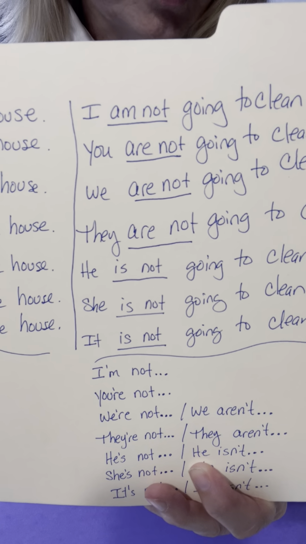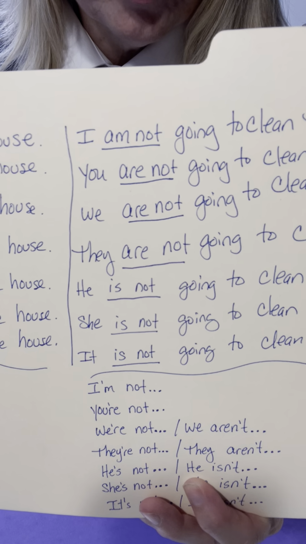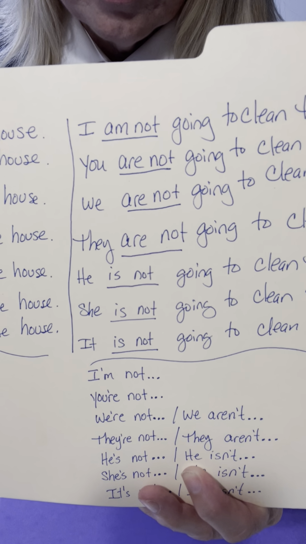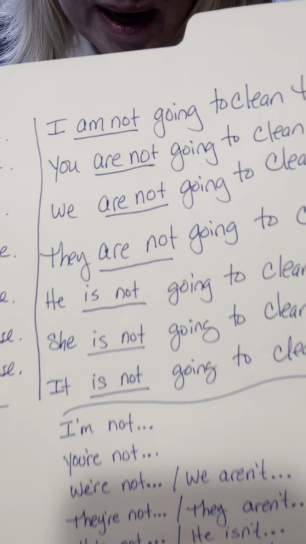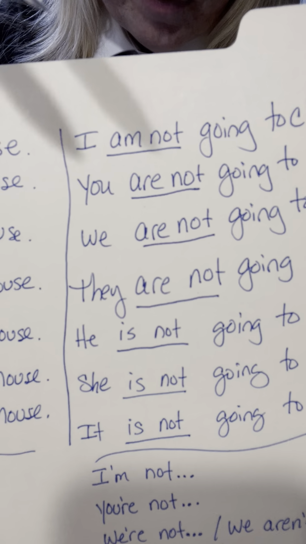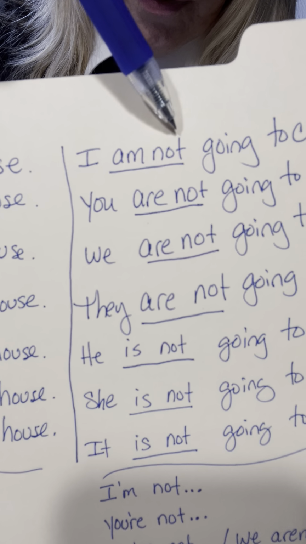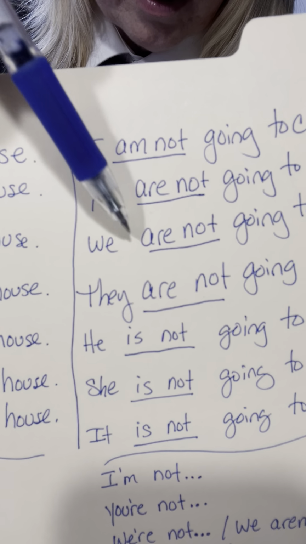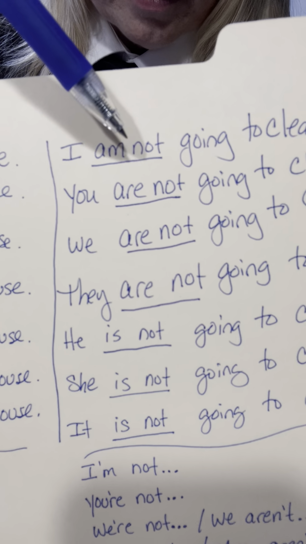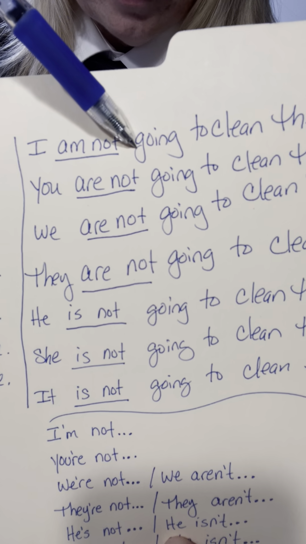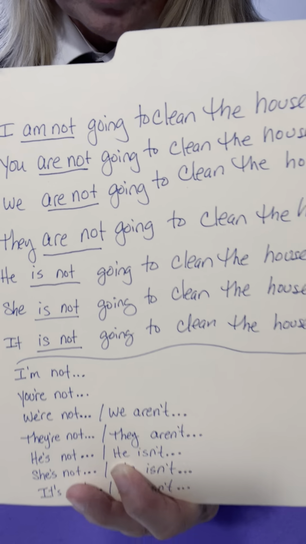Again, to do so, we just have to put the word not in the correct place. And that place is right after the verb to be. I am not going, infinitive, to clean the house.